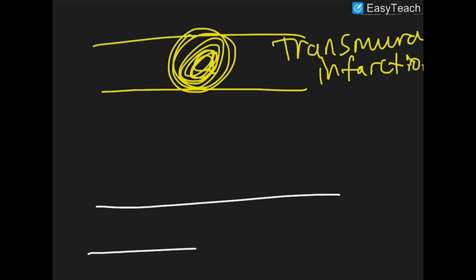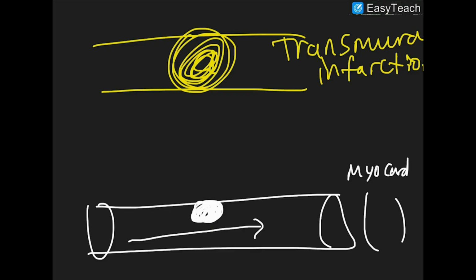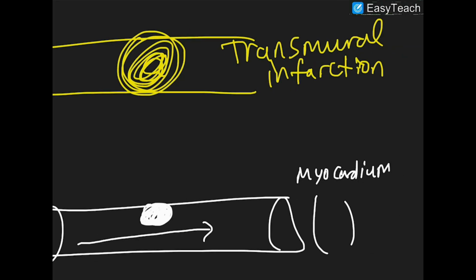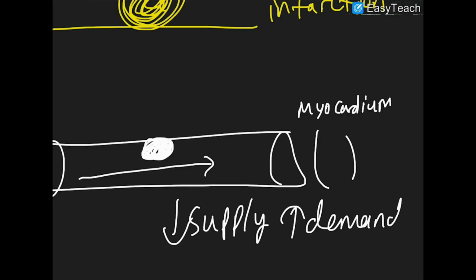So if you have your blood vessel here and you have a partial occlusion, it's the same concept where there's less blood flow going to your myocardium. So let's say this is your myocardium, then that means you have low supply and high demand, right? So it's a mismatch, so you may get some chest pain with exertion. Okay, so we're talking about stable angina here.